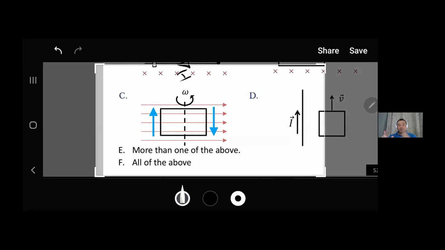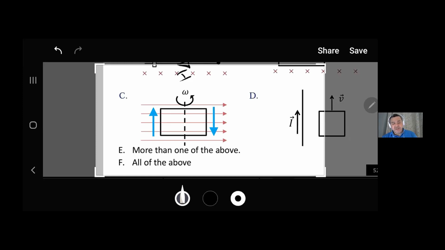C has the loop that is rotating. Yes, it is moving, but there is no change in the area or in the magnetic field. That's why there will be no variation in the flux.